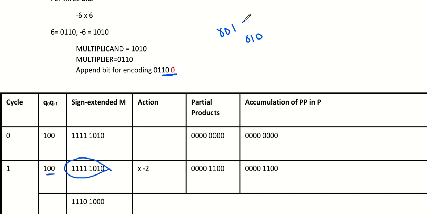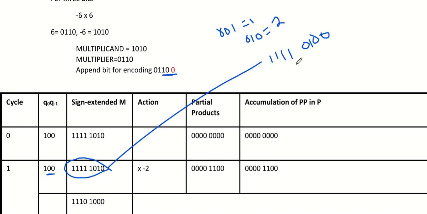Now this in decimal is 1, and this in decimal is 2, right? So using that idea, we can do that quickly here. We will left shift this one once, and when we left shift this one, our answer will be 11110100, right?